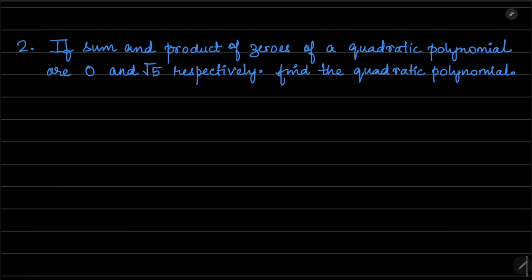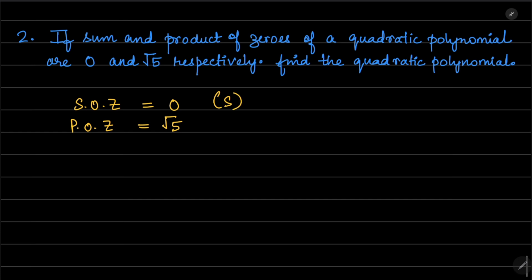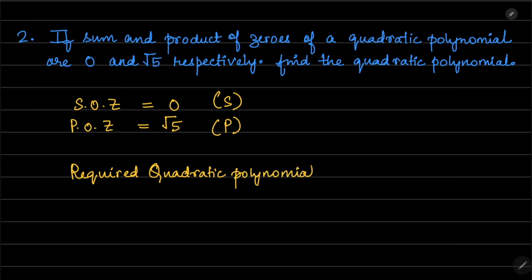So this is again very important that you know. If the sum of the zeros is 0 and the product of the zeros is root 5, let me denote the sum of the zeros with S and the product of the zeros with capital P. Then the required quadratic polynomial, the formula is k multiplied by x square minus sum of the zeros into x plus product of the zeros.